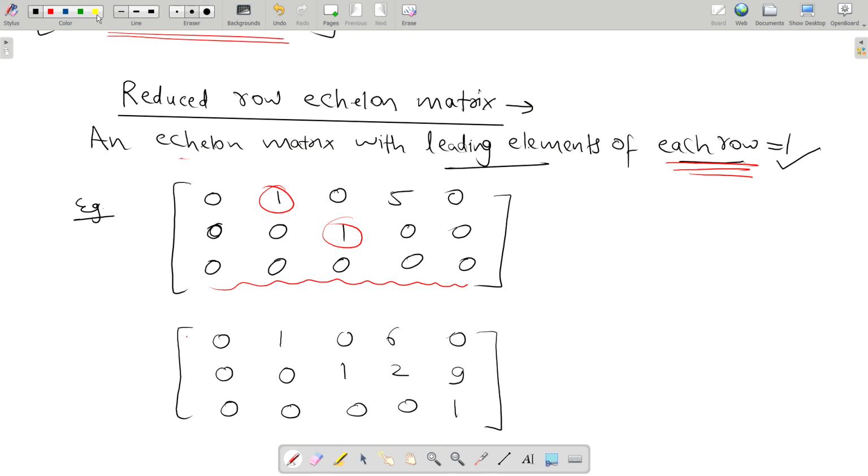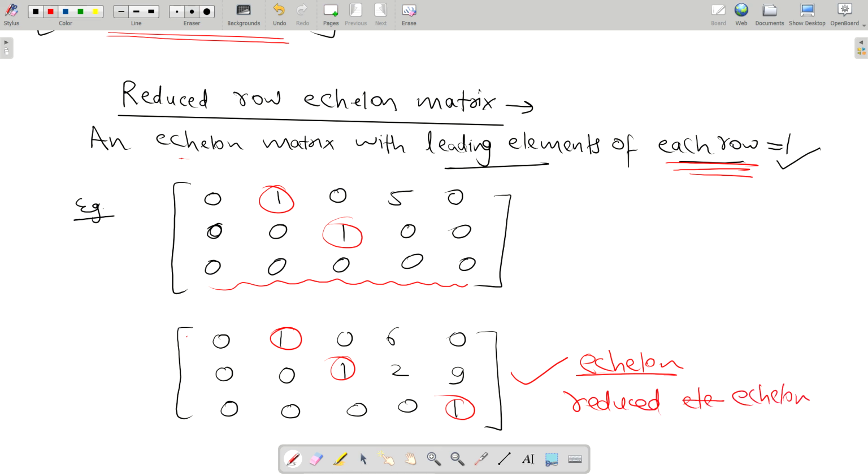Here the leading element is 1, here it is 1, here it is 1, and the second entry is to the right of the first, the third leading entry is to the right of the second. So yes, this is an echelon matrix, and also a reduced echelon matrix. So that's it.